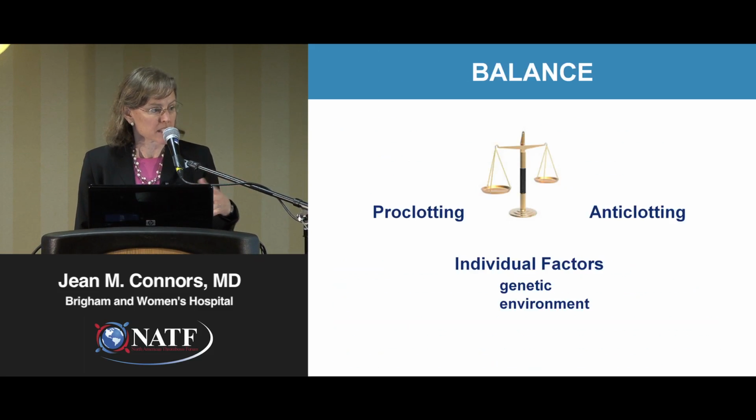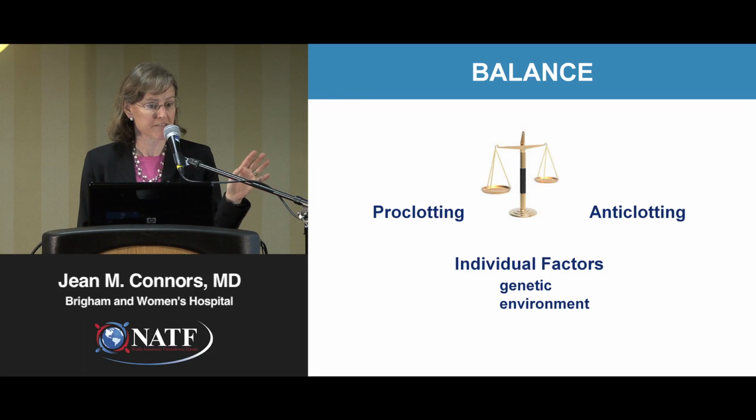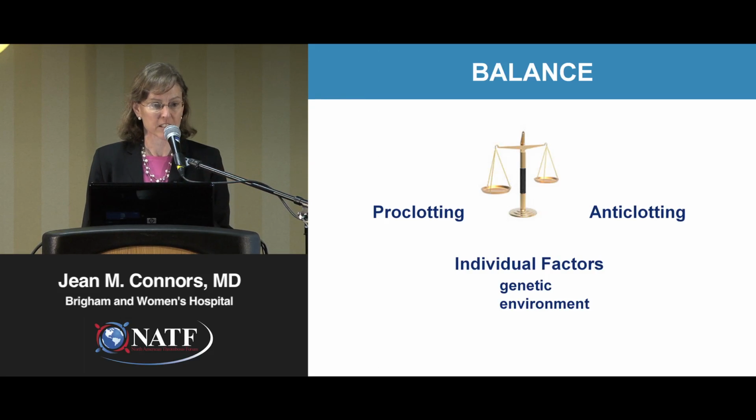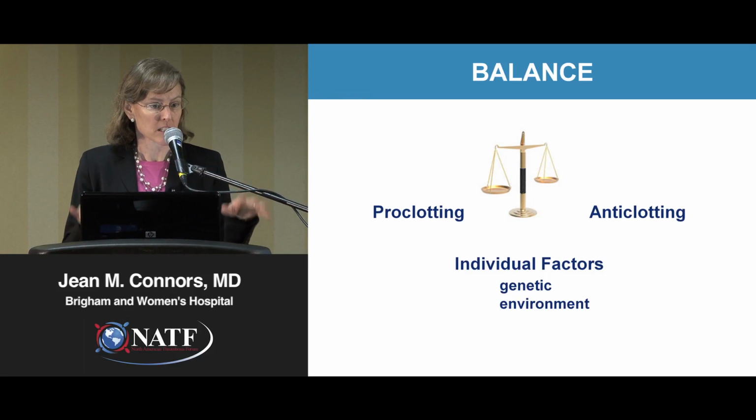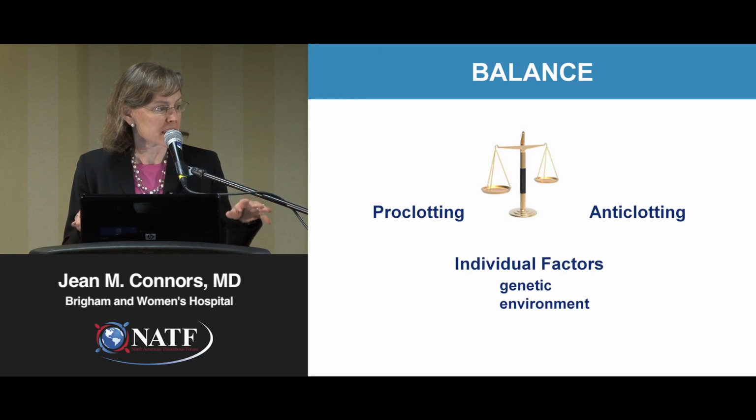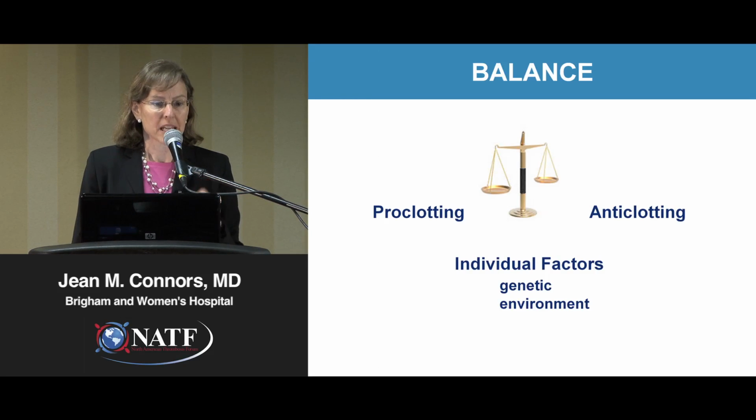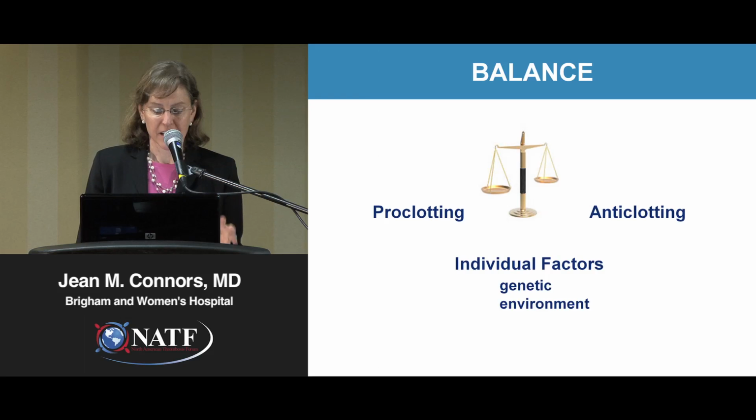Now, the body has a balance. You always have pro-clotting factors and anti-clotting factors, and they're always working with each other to keep you in a balanced state so that you're not always clotting and you're not always anti-clotting. But there are many individual factors that affect what your clotting factors are doing.